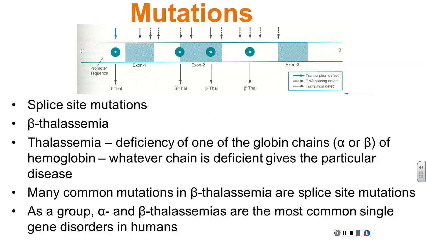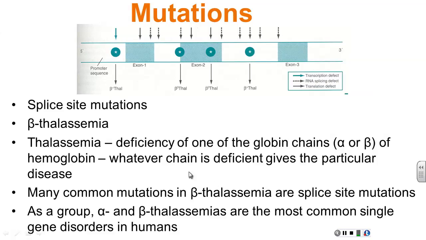If you haven't seen them yet, I'm going to give you the basics of how they work. A thalassemia is a deficiency of either the alpha or beta chain of hemoglobin. If you're deficient in the alpha chain, it's an alpha thalassemia. If you're deficient in the beta chain, it's a beta thalassemia.